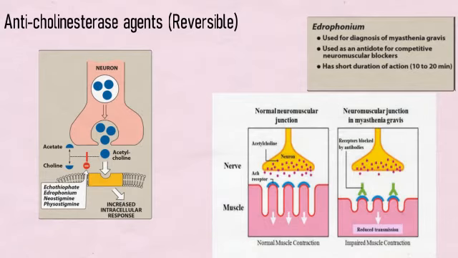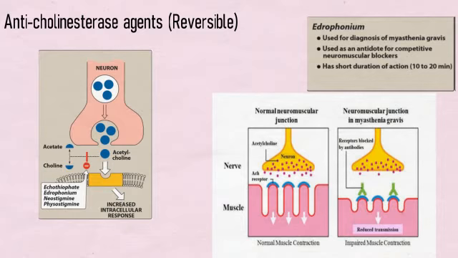But on the other hand, in case of myasthenia gravis, it is an autoimmune disease in which the body produces antibodies against the nicotinic receptors present at the neuromuscular junction. So these nicotinic receptors, or acetylcholine receptors, present on the neuromuscular junction are blocked by the antibodies.